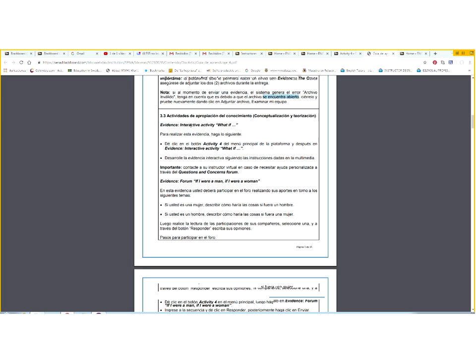Evidence number 2, what if? For evidence number 2, you have to go to the platform and do the interactive activity, what if? You will have to follow the instructions, specifically in the multimedia exercise. Then we have the evidence number 3, if I were a man, if I were a woman. This is a forum in which you have to participate based on 2 topics.